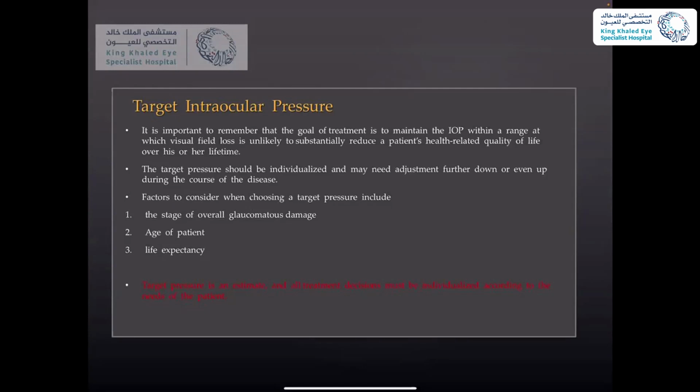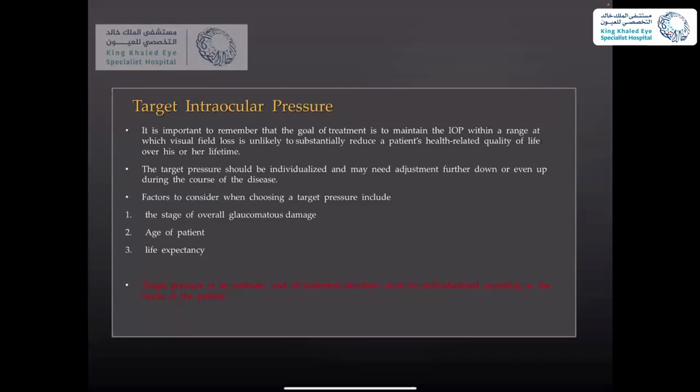For example, if you have a patient who is 90 years old and his IOP is borderline and he is stable and doing fine, you don't want to push and go for an intervention that the patient might not benefit from, and you might change his life by doing this surgery.